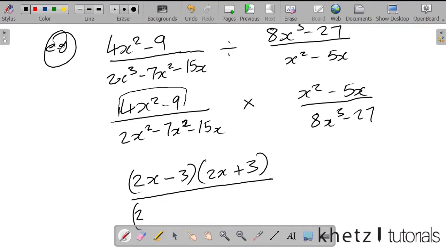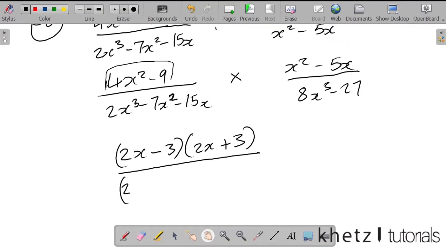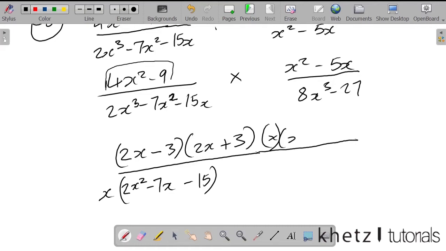It is supposed to be x cubed over here. We have x, which is common to every term in the bottom equation. So 2x squared subtract 7x, after factoring out this x. All of that is multiplied by x, so we also factor out x at the top as well. Then we're going to have x subtract 5.